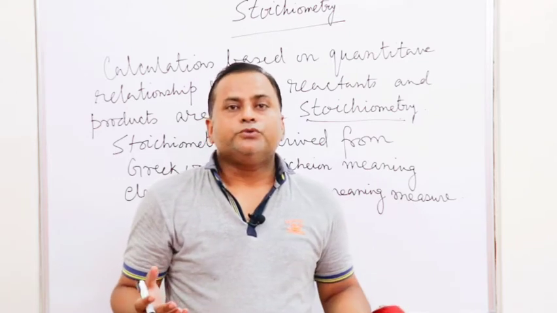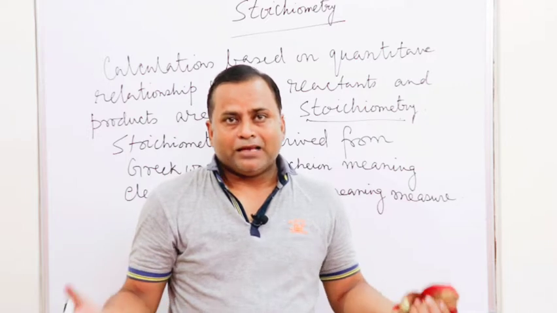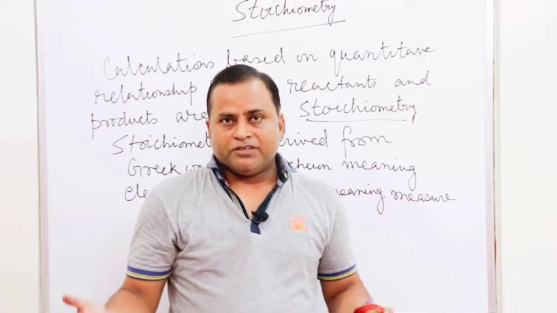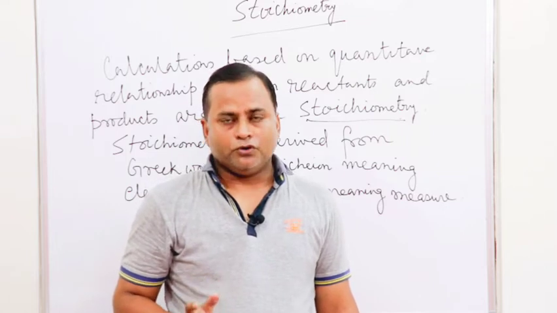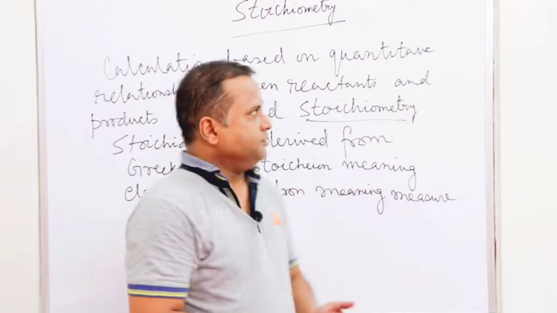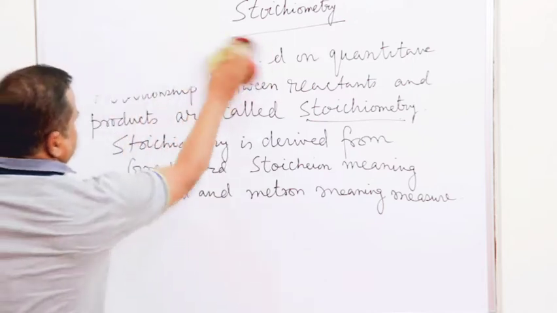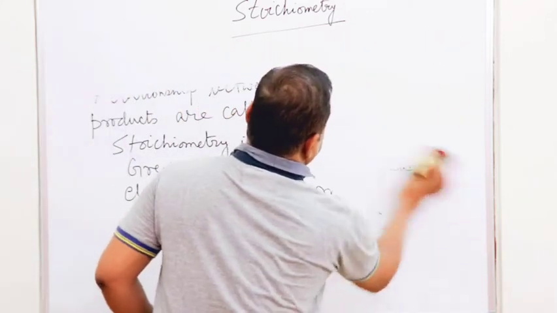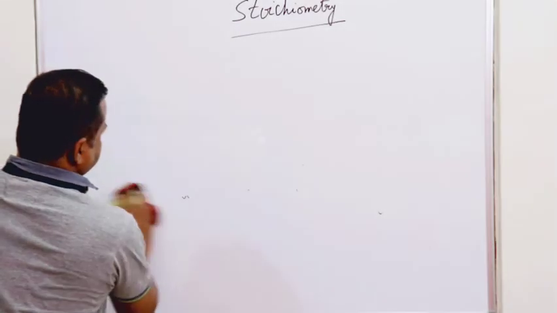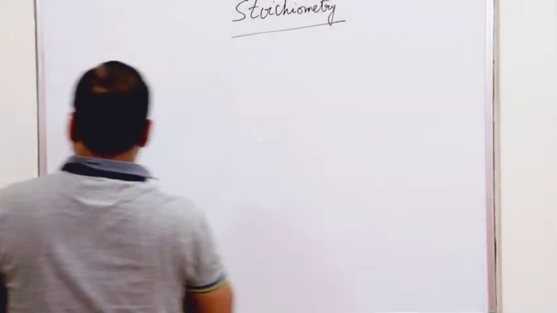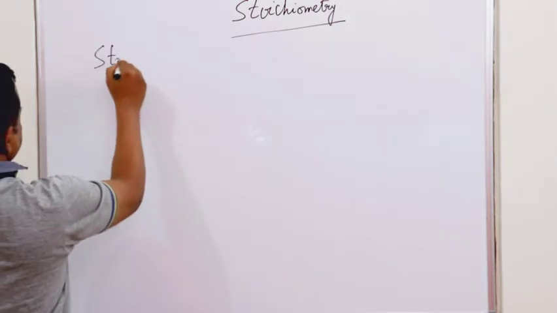Now, how do you do the calculation in various chemical problems? There are certain steps which you should follow before solving a question. So what are the steps? Steps for calculation.